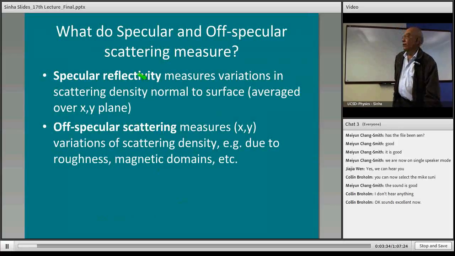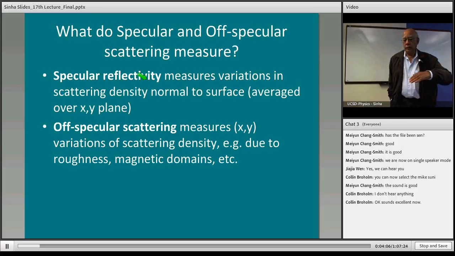Okay, so what do specular and off-specular scattering measure? As I will explain to you, specular reflectivity essentially measures variations in the scattering density normal to the surface averaged over the xy plane. So it measures a density profile. In the case of nuclear density profiles, it measures that.